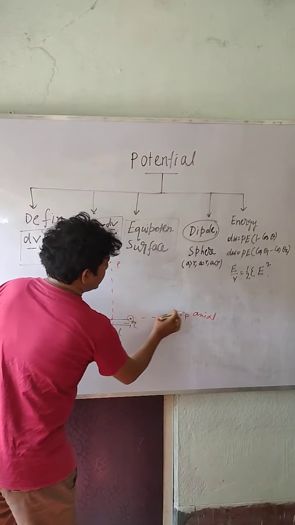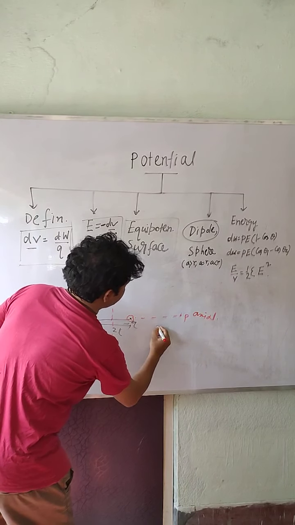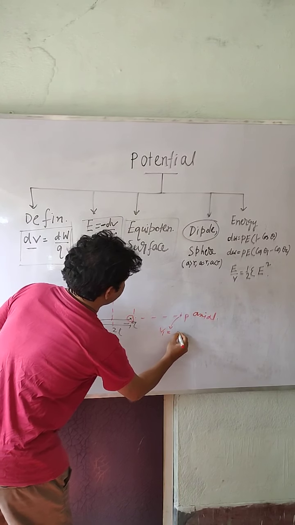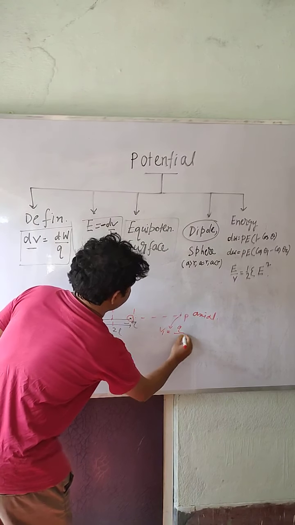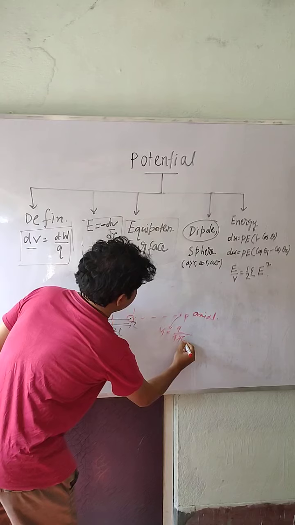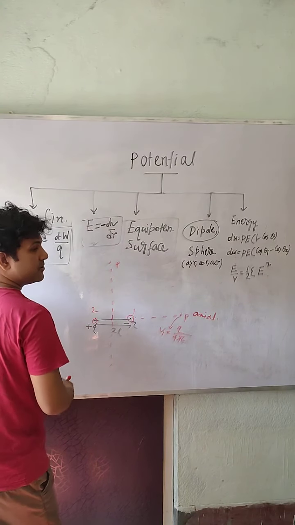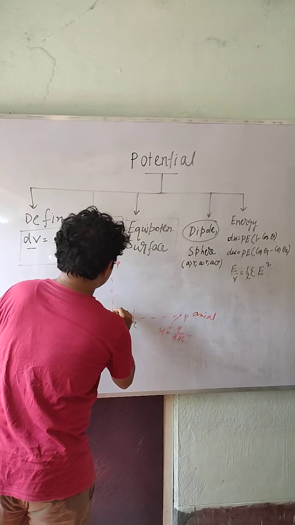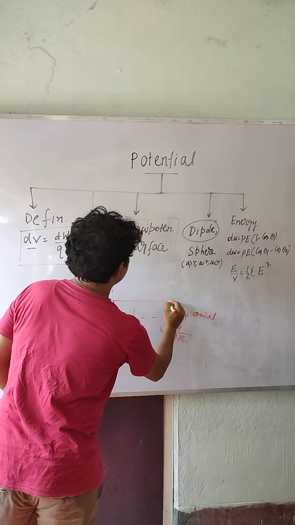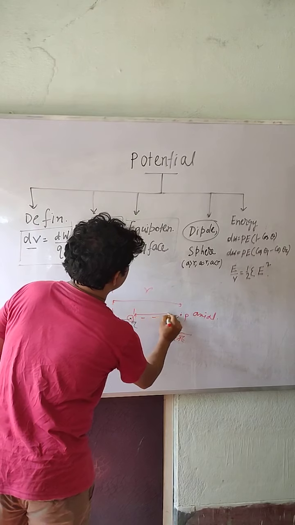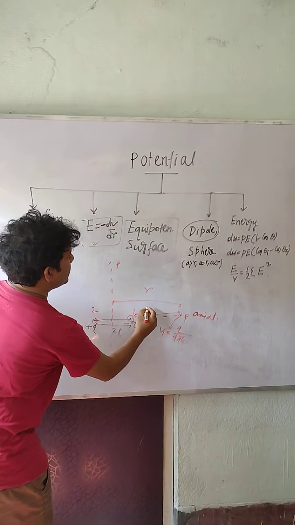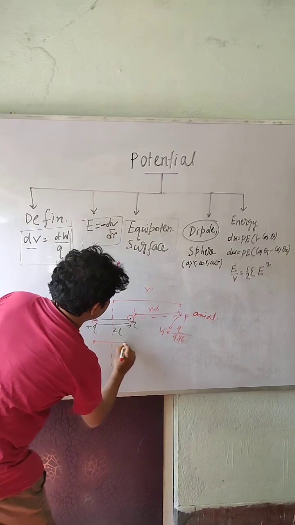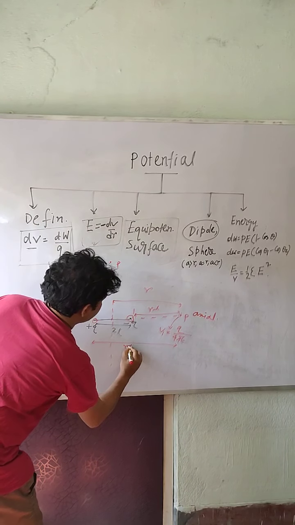For the charges 1 and 2, V1 will be Q by 4 pi epsilon 0, or whatever the medium. The distance from the middle point to that point is r. So the distance between this charge and the point is r minus l, and the distance between the other charge and the point is r plus l.